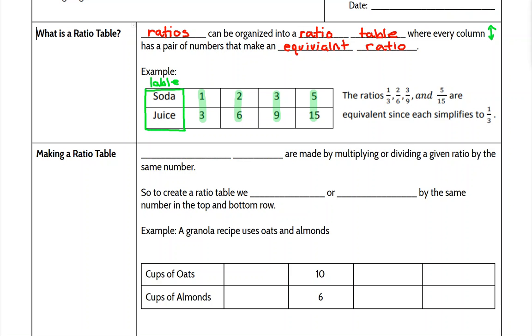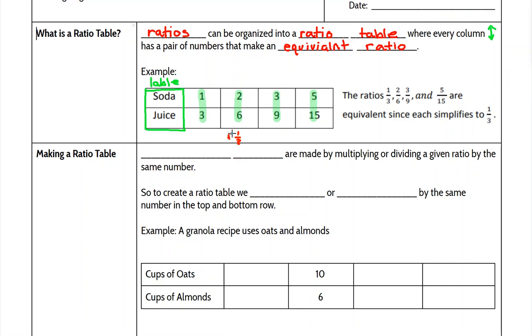We know that these are all equivalent to each other because if we were to simplify them, they would simplify to the ratio of 1/3. 2/6, I divide the top and the bottom by 2, would be 1/3. 2 divided by 2 is 1. 6 divided by 2 is 3, right?